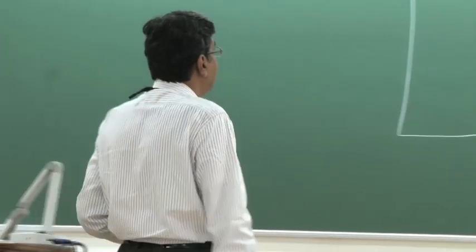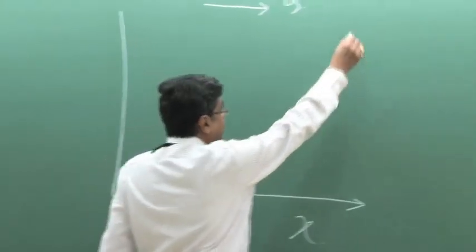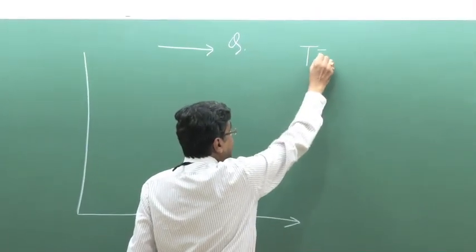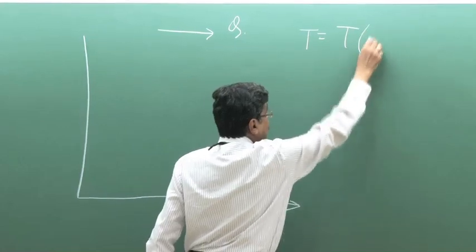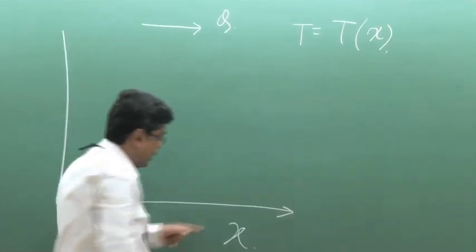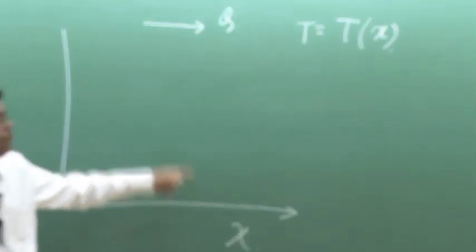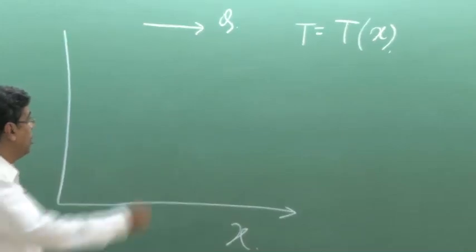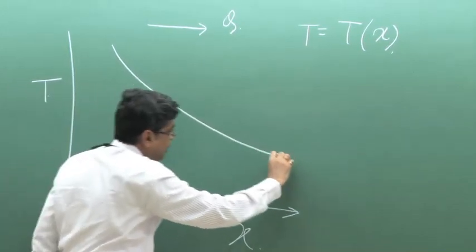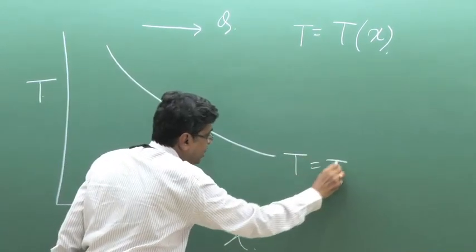Now, if we have a temperature field which is a function of x only, where x is a space coordinate I give in the direction of the heat flow, and if I make an ordinate T here, I can show this like this, T is a function of x.